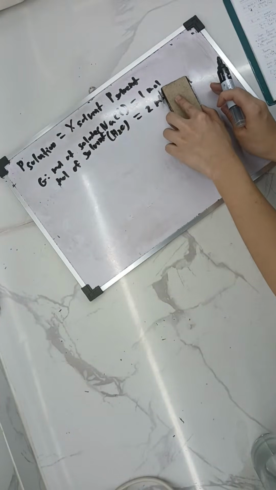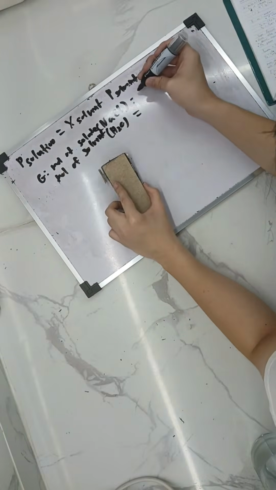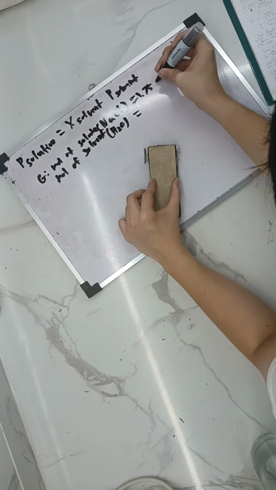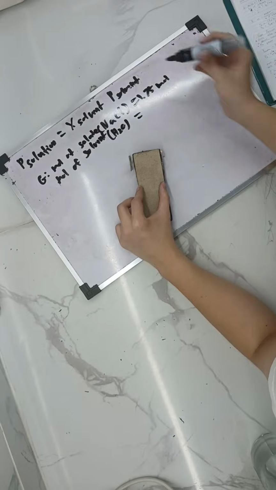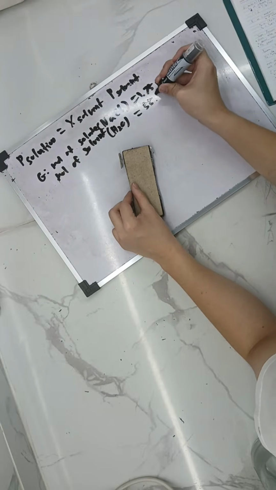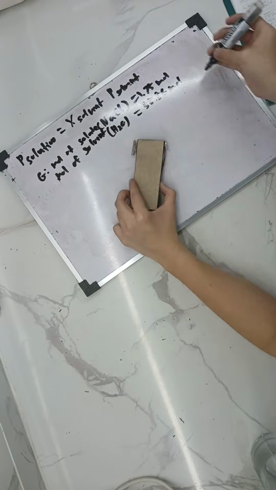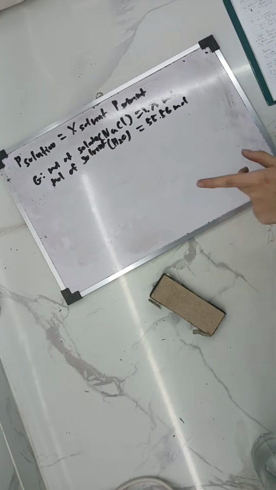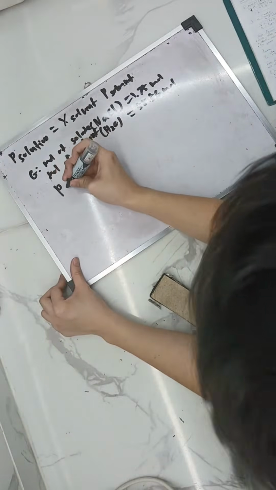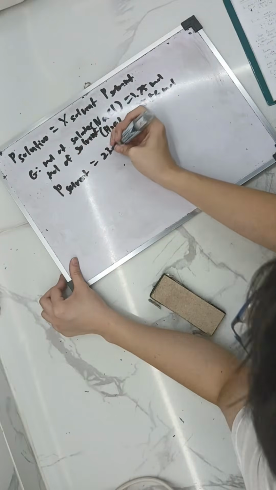Okay, let's just say that it's... here we go. 1.75 moles. And then also 55.56 moles. Okay, so now that we're given these moles, we are also given our vapor pressure of the solvent, which is equal to 23.6 torr.